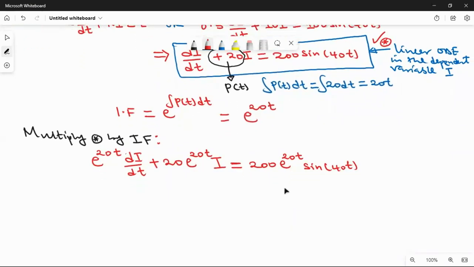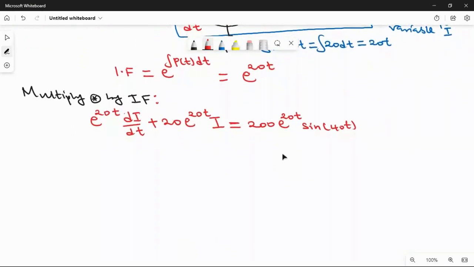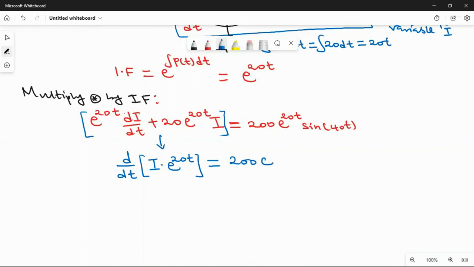You need to know that once you have multiplied a linear ODE by an integrating factor, the left-hand side reduces to the derivative with respect to the independent variable, in this case t, of the product of the dependent variable I and the integrating factor, exponential 20t. This equals 200 exponential 20t times sine of 40t.